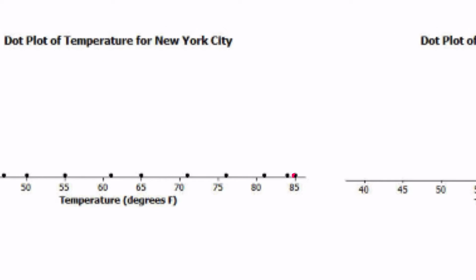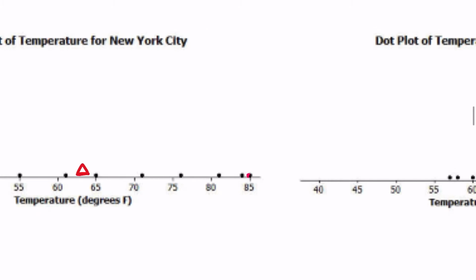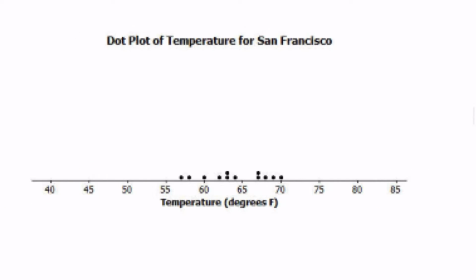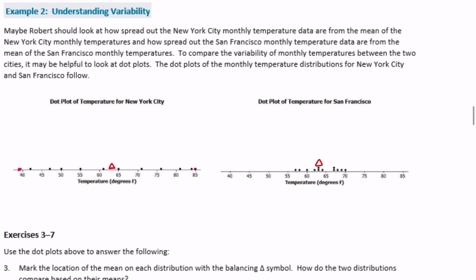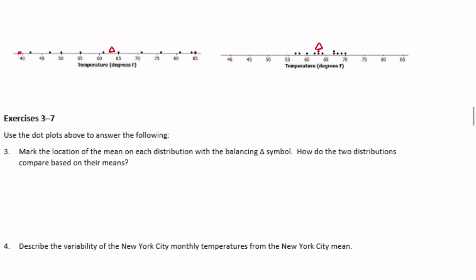So 63 is about right there for New York, and 64 right here for San Francisco. How do the two distributions compare based on their means? They are about the same. So let's say the means are about the same.